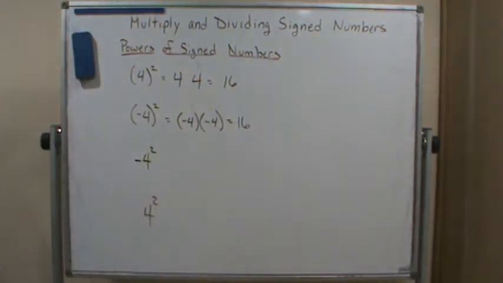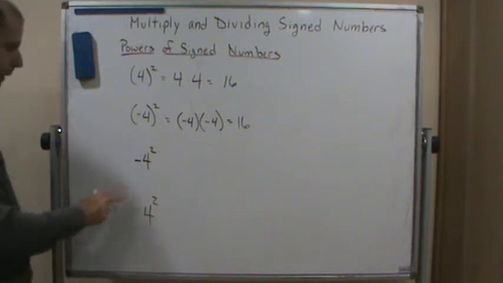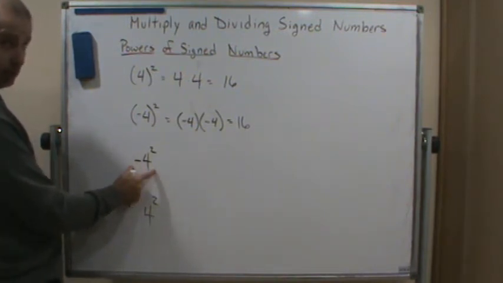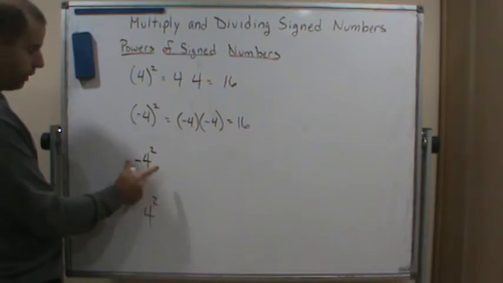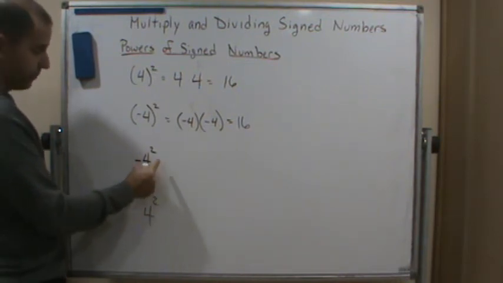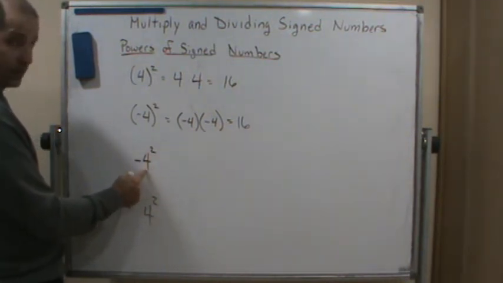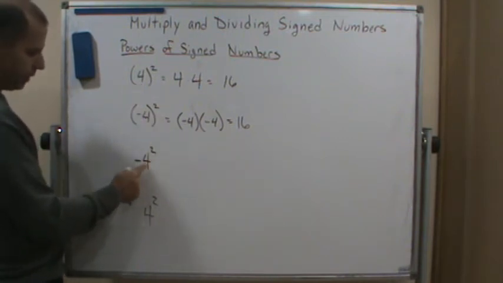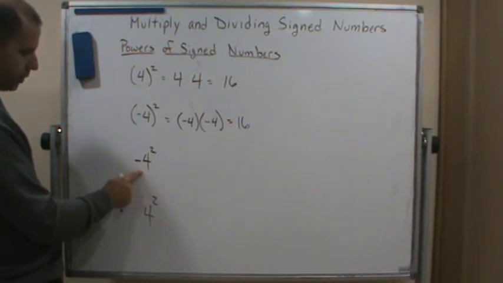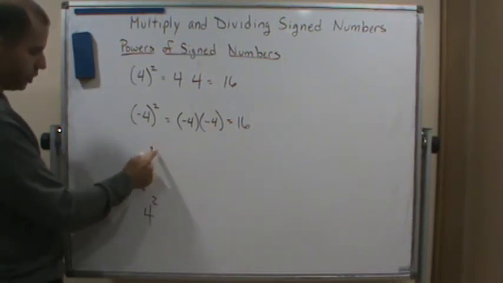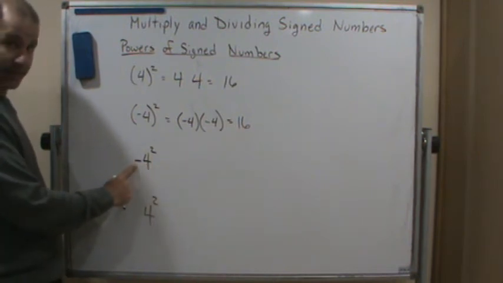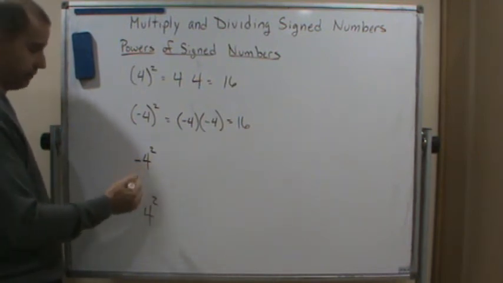Okay? Now, what about this? Well, there's no parentheses here. So if there's no parentheses, the exponent goes with the 4, which is the base. So these are called the base. Excuse me, sorry, there's no parentheses. So the 2 is only attached to the 4, and the negative sign is outside of that.